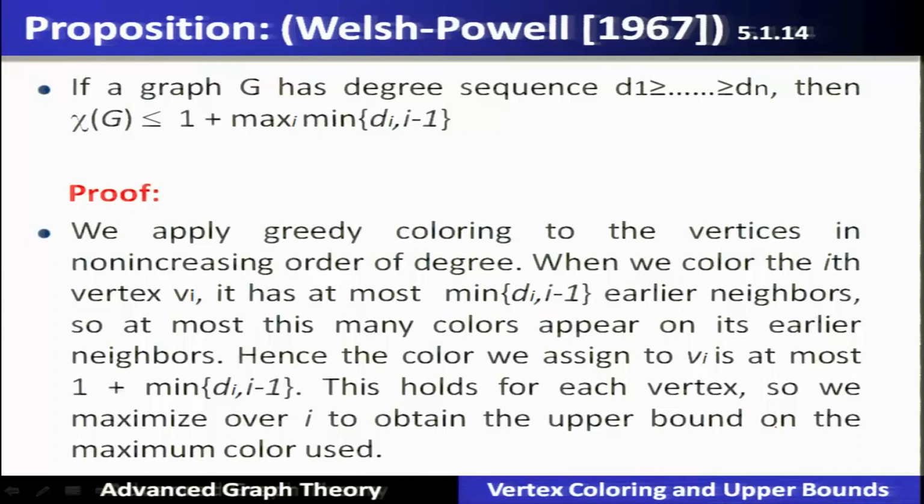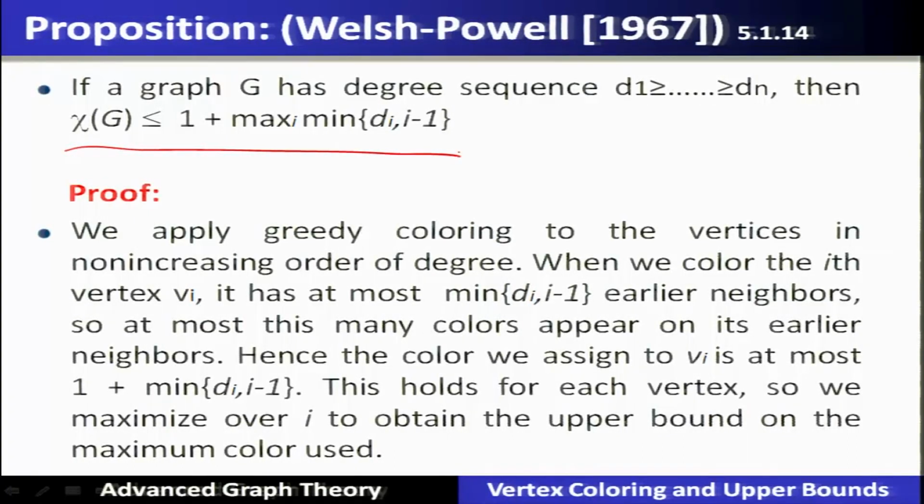Then when we apply the greedy coloring on this vertex ordering, so that vertex v1 having the highest degree is placed first, then second, and so on, then this kind of coloring, which is called the Welsh Powell heuristic, gives 1 plus max over i of minimum of di and i minus 1, and this particular bound is better than maximum degree plus 1 in some situations.